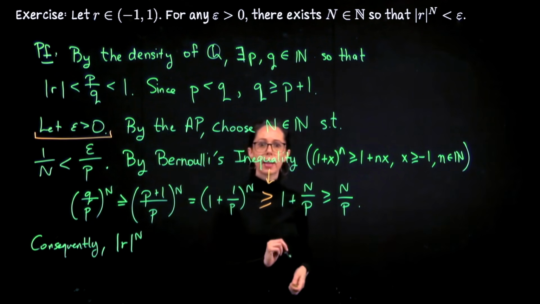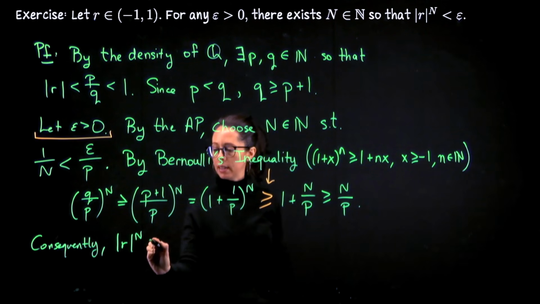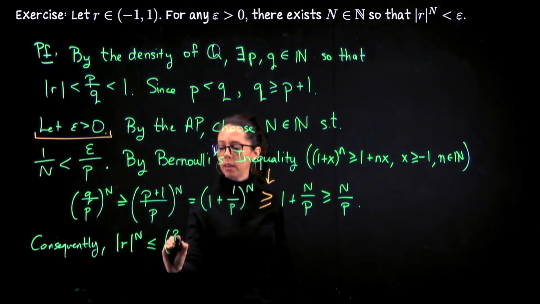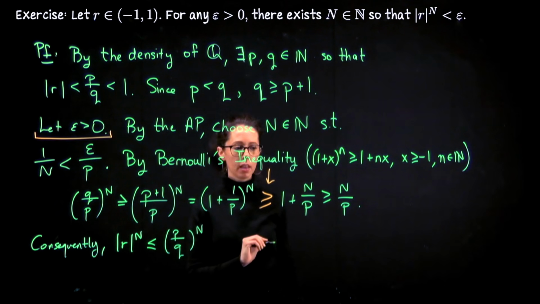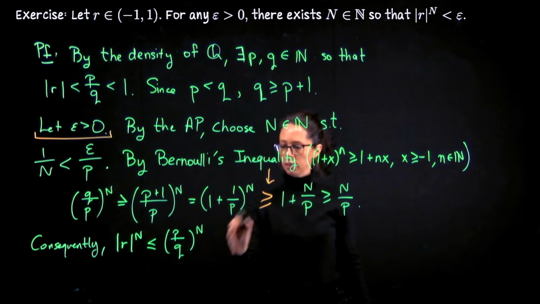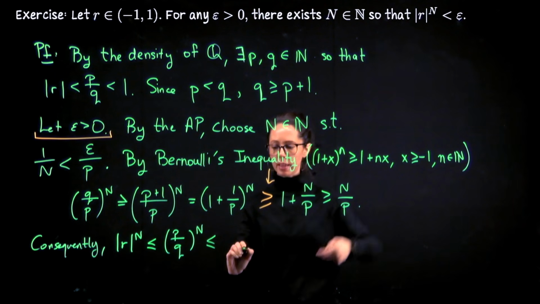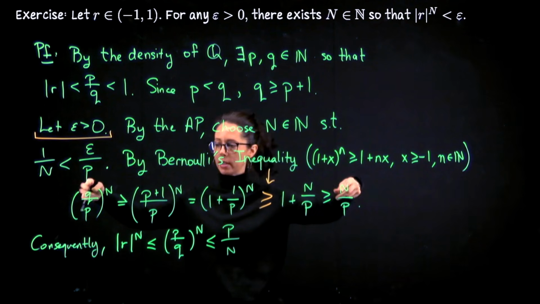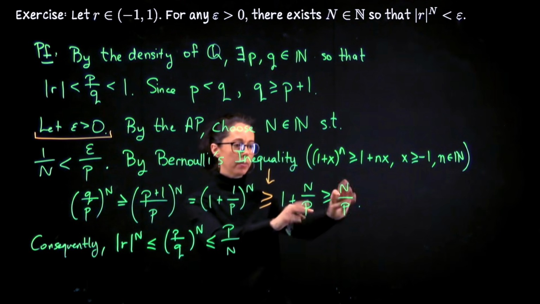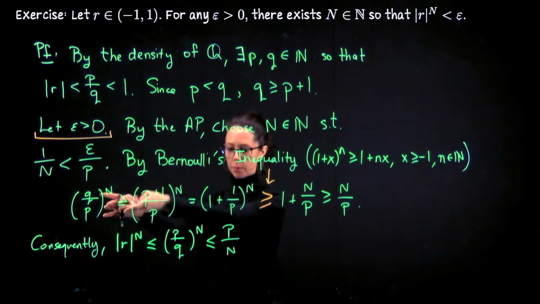So the size of r raised to this capital N is less than or equal to p over q raised to the capital N, which is going to be less than or equal to the flip of this, p over n. So here I need to take reciprocals and reverse the inequality. So this is greater than that, which means this, flip it, it's less than or equal to the flip of that.